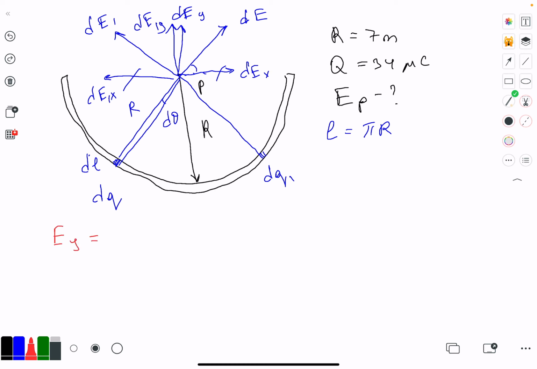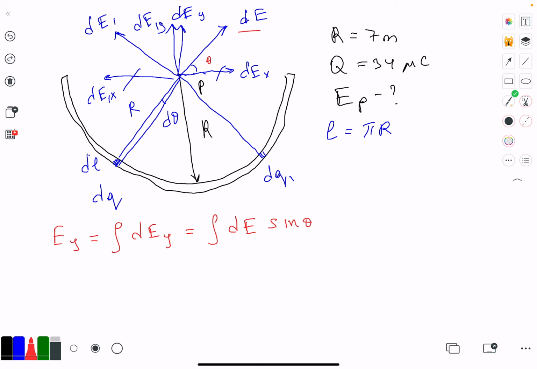Ey will be equal to the integral of dEy. Now dEy is equal to dE multiplied by sine theta, if this is any angle theta.